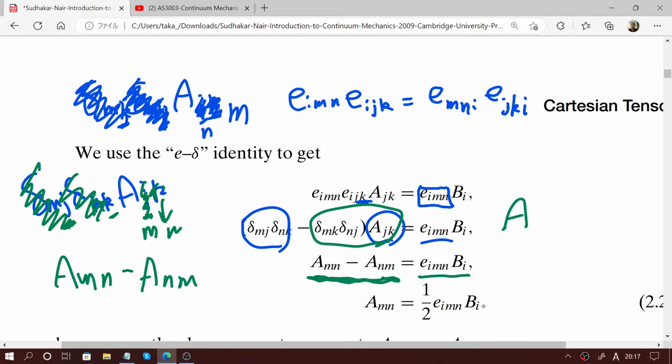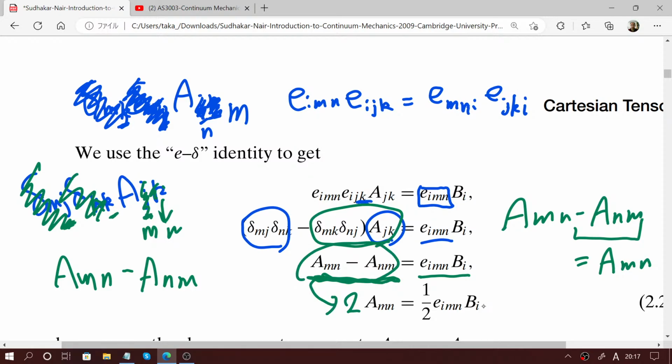So A MN minus A NM, but this one is equal to minus A MN. So this is like 2 A MN.